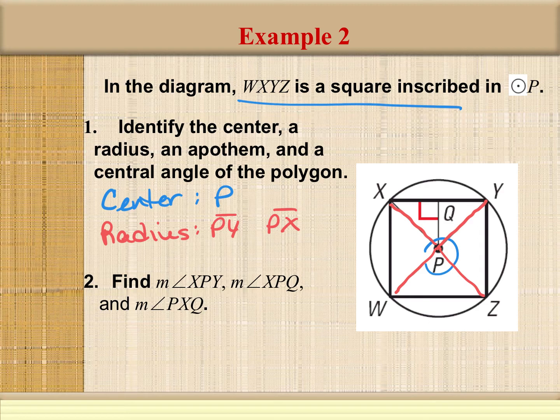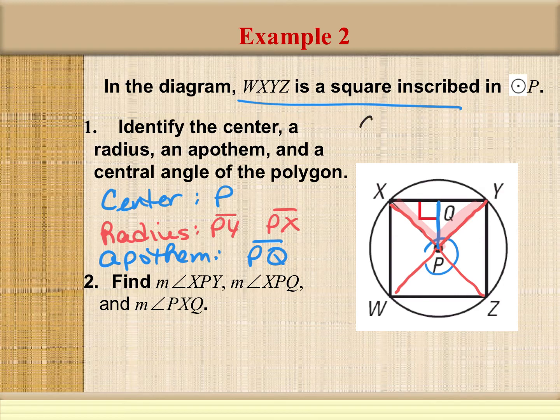Then it also wants me to identify the apothem. The apothem is the perpendicular distance from the center to the side of the polygon. So my apothem is going to be segment PQ. And then lastly, it wants me to name a central angle. Well, based off of the original radii that were drawn in, this is my central angle here with its vertex at the center.